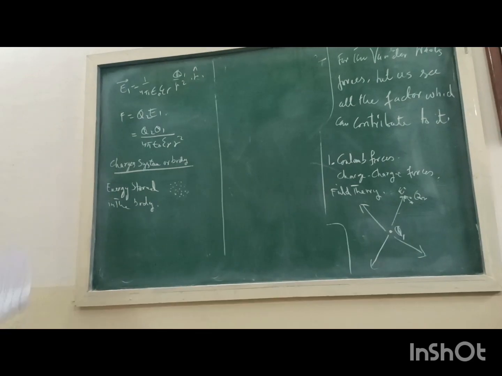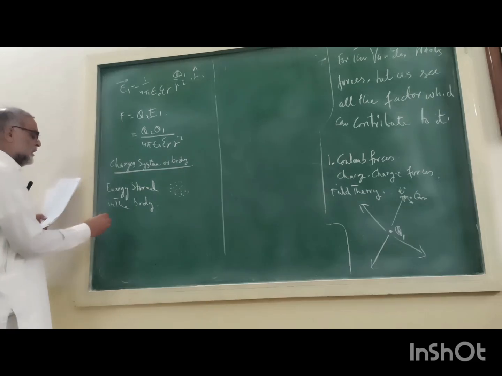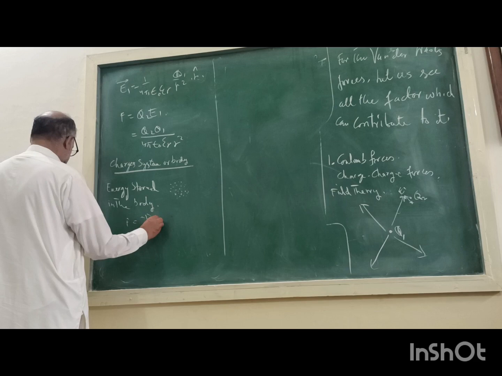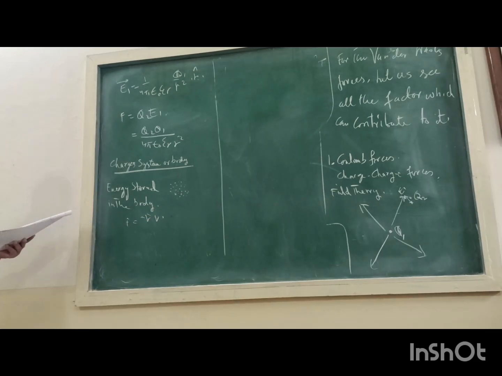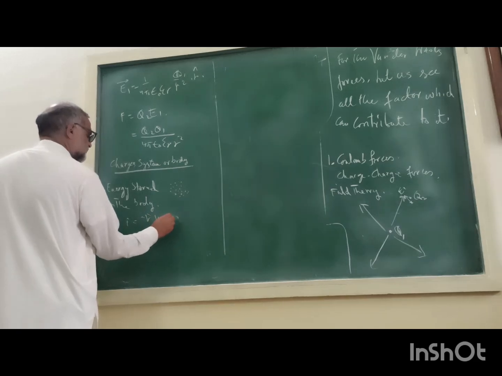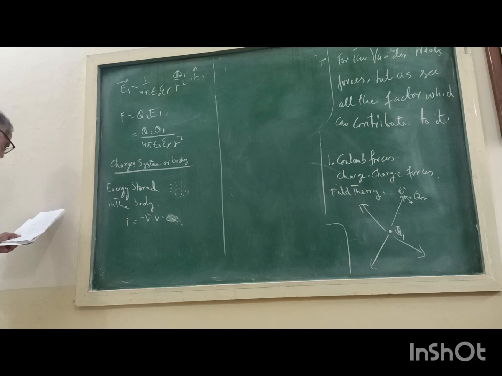So we know that F is equal to minus the gradient of potential, multiplied by the charge.